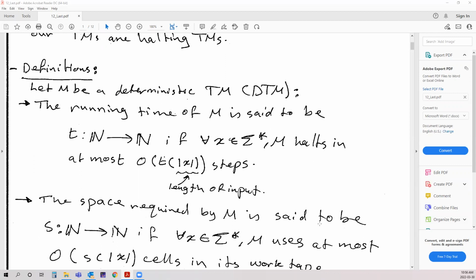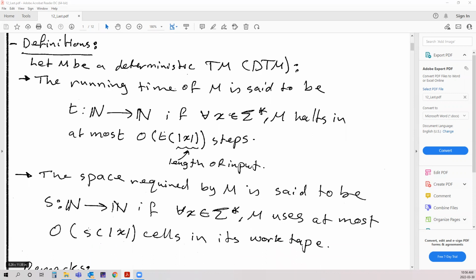The space required by M is said to be S, from n to n, if for all x belonging to sigma star, M uses at most big O of S, which means space, of the length of input cells in its work tape. Here is running time and here is space complexity. We said before that in this course, we will concentrate on time complexity, but sometimes we'll mention the space just to let you know there is a space complexity.